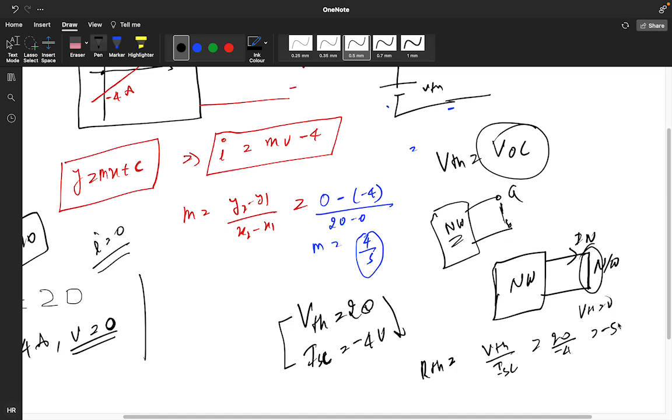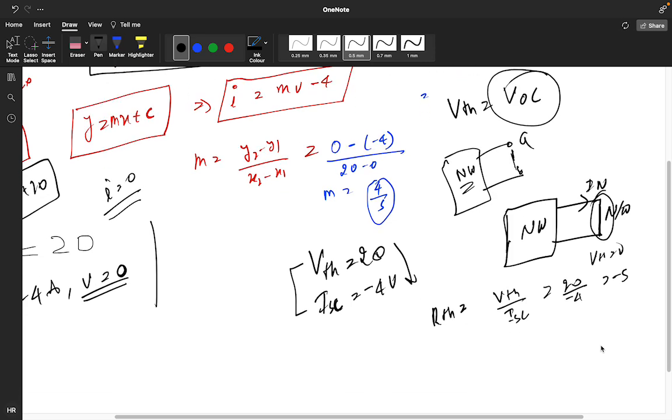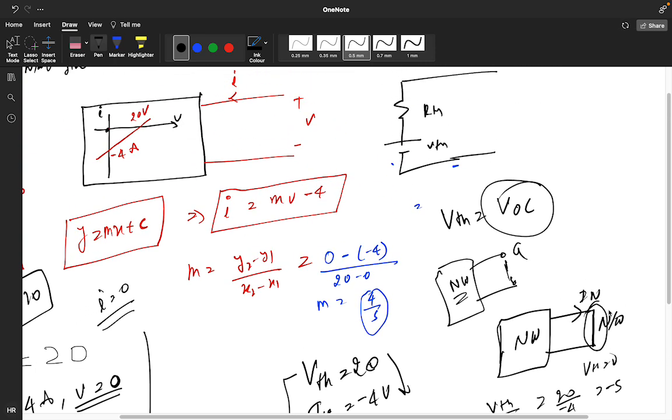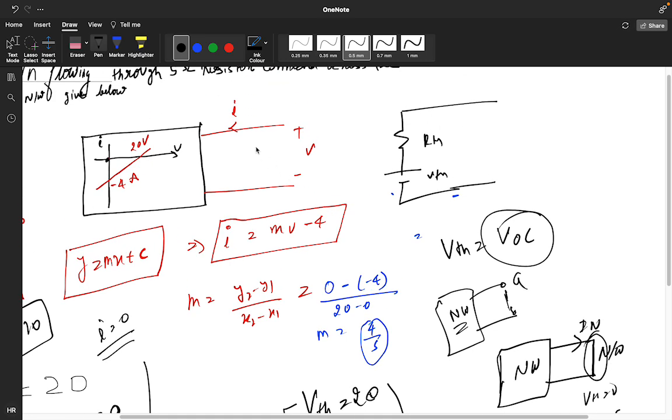Okay. One thing is also that your resistor cannot be negative. In this particular question, they mentioned the I value in this way, and you are taking your IN network in this way.